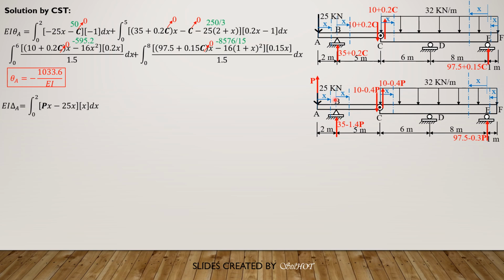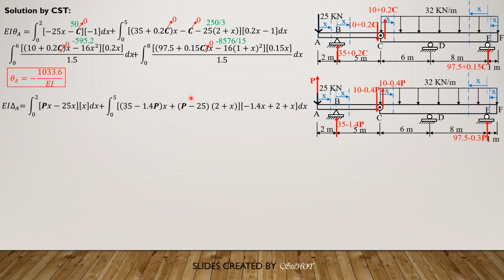The moment here is Px minus 25x, times the derivative of Px minus 25x with respect to P, which is x, then dx over EI1. Then plus the integral in this section of quantity 35 minus 1.4P times x, plus P times 2 plus x, minus 25 times 2 plus x. The derivative is negative 1.4x plus 2 plus x.